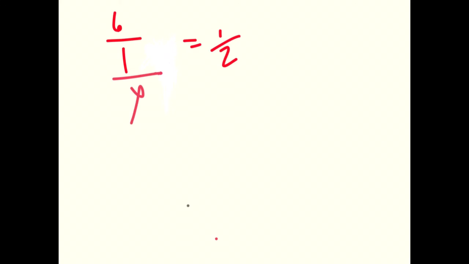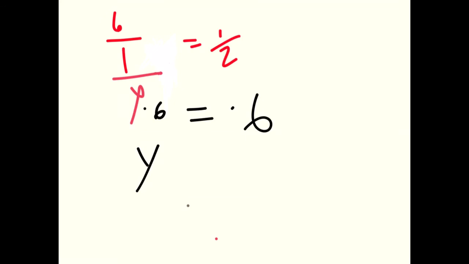Okay, so now since this is a division problem, we're going to have to multiply. So what we'll do is we're going to multiply by 6 over 1, which is just 6, so times 6 times 6, and then 6 over 1/6 is 1, or is none, so we just write y.